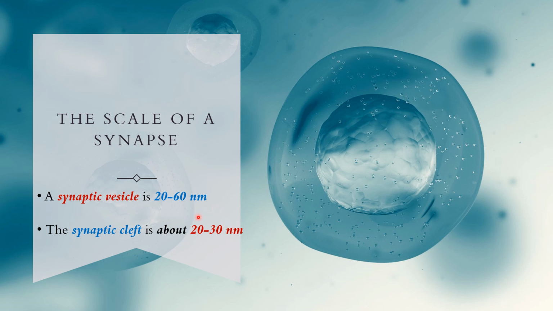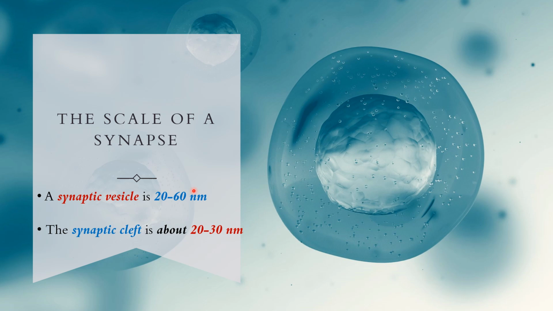As we can see, the vesicle has roughly the same size as the cleft, so the gap is quite narrow. It's very close to the diameter of the vesicle.